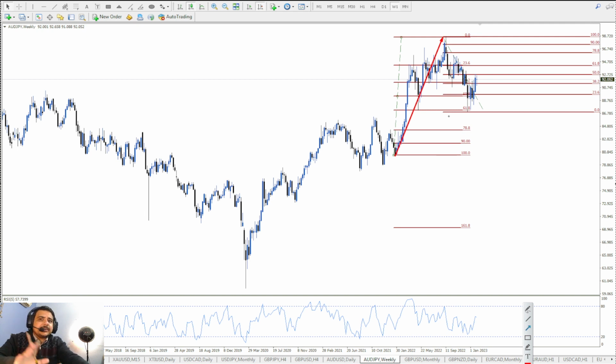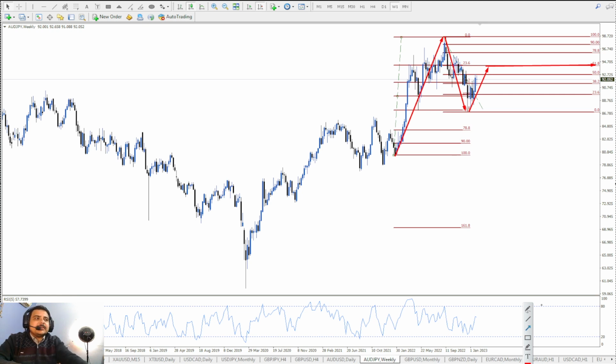I will check out the dates and times. Then it gave a correction towards the 61.8% retracement, and this is a weekly chart. So my strategy suggests that this move is going to stop near the 61.8% retracement right here. This is now a very, very important level for me.